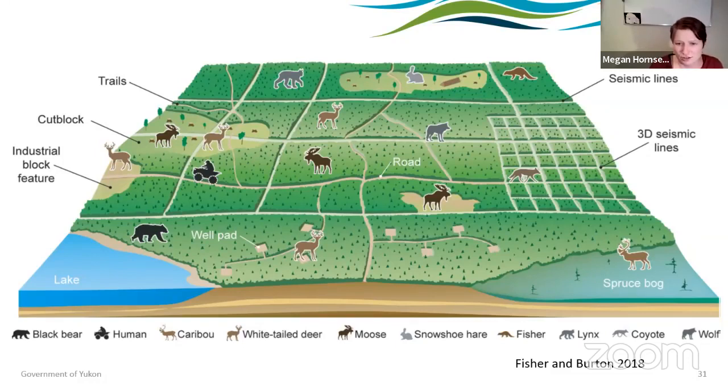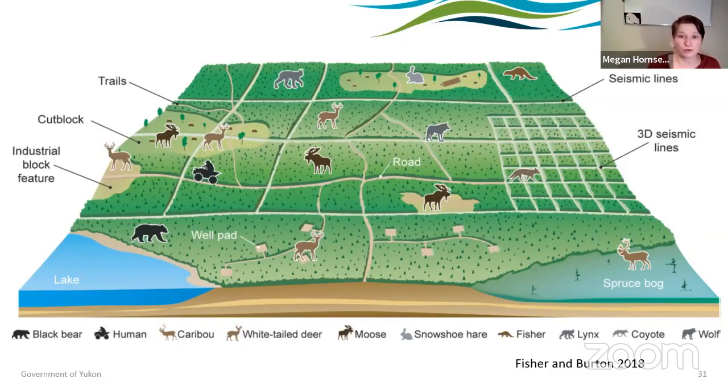You'll see in the corner here too, there's some 3D seismic lines. They're pretty intense on the landscape. They're not as big, but there's a lot of them, and they cut up that habitat into smaller and smaller blocks. So you can think about how this might be different if there were half the number of roads, but they still went to the same places. What would that do? How would that impact different species? If we said, there's a lot of disturbance on this landscape, we're starting to see impacts on caribou or moose, maybe we should be thinking about making a different decision here.